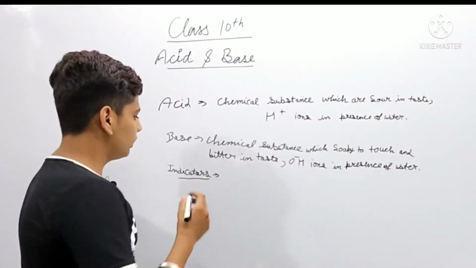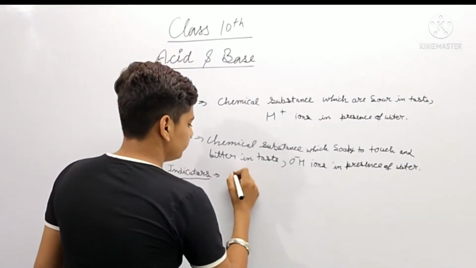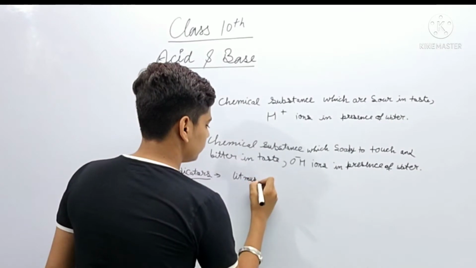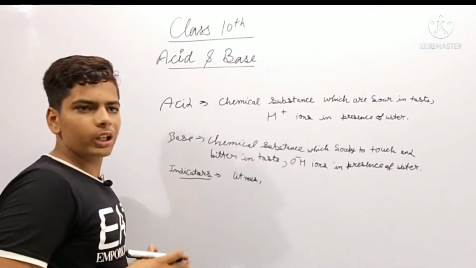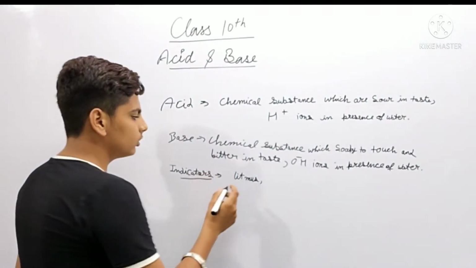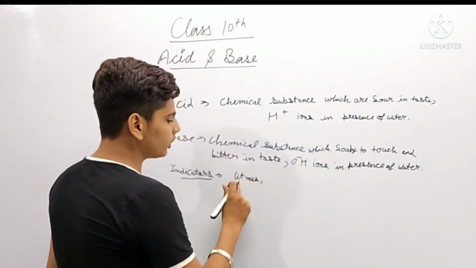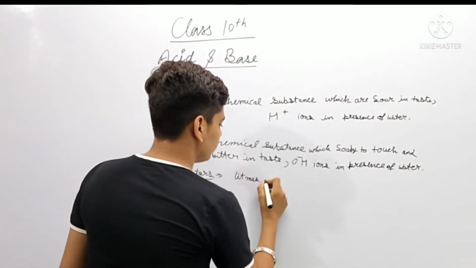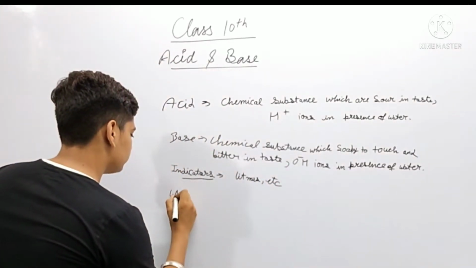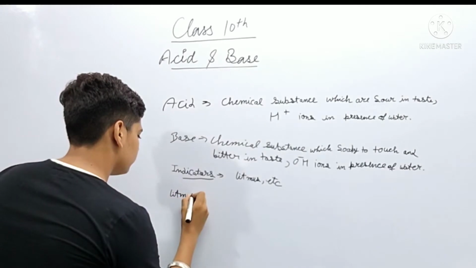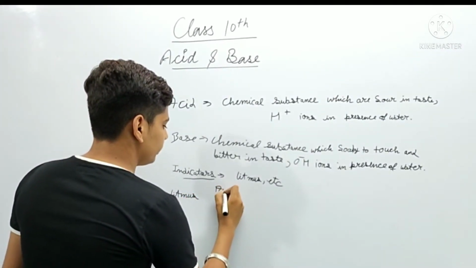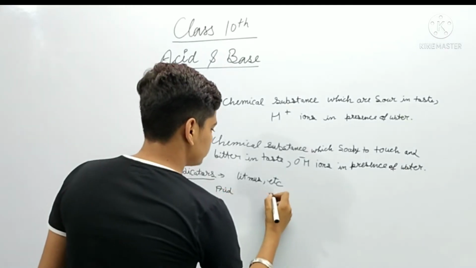Mainly the indicators are litmus paper, turmeric, methyl orange, etc.